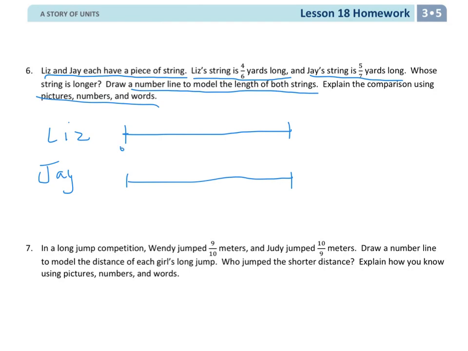Liz is going to be 0/6 because her units are in sixths. Jay's is going to be 0/7 because his are sevenths. When we get to 1, for Jay, it's really 7/7. And Liz is 6/6. And actually what I'll do is I'll put those up above.